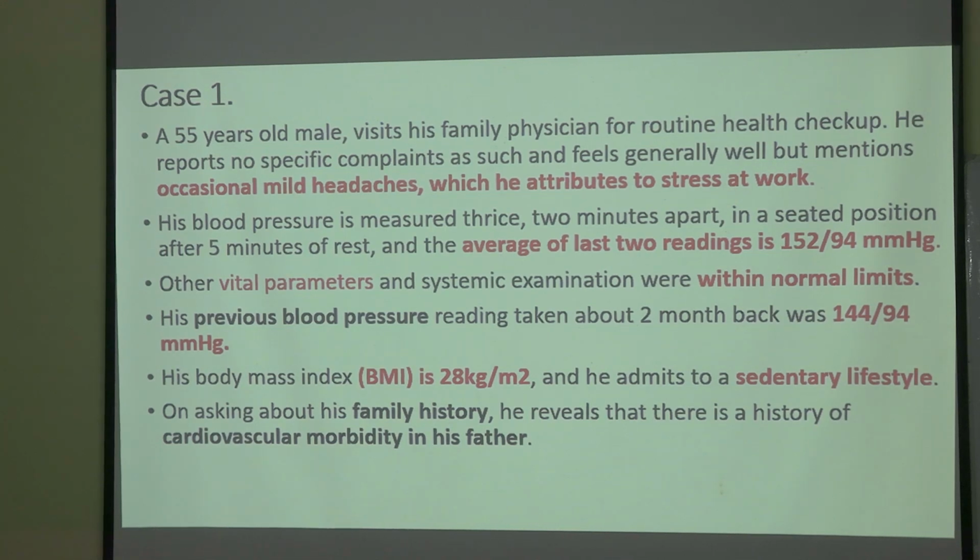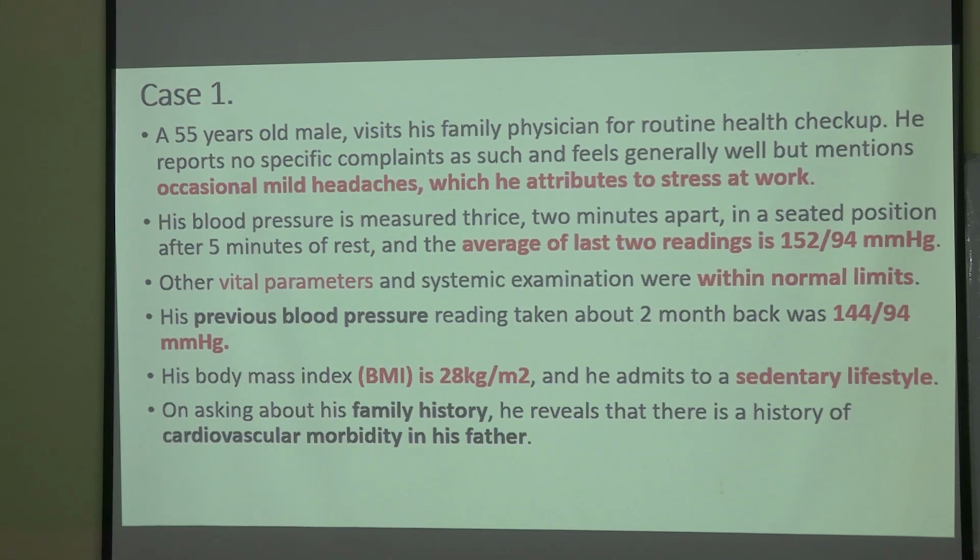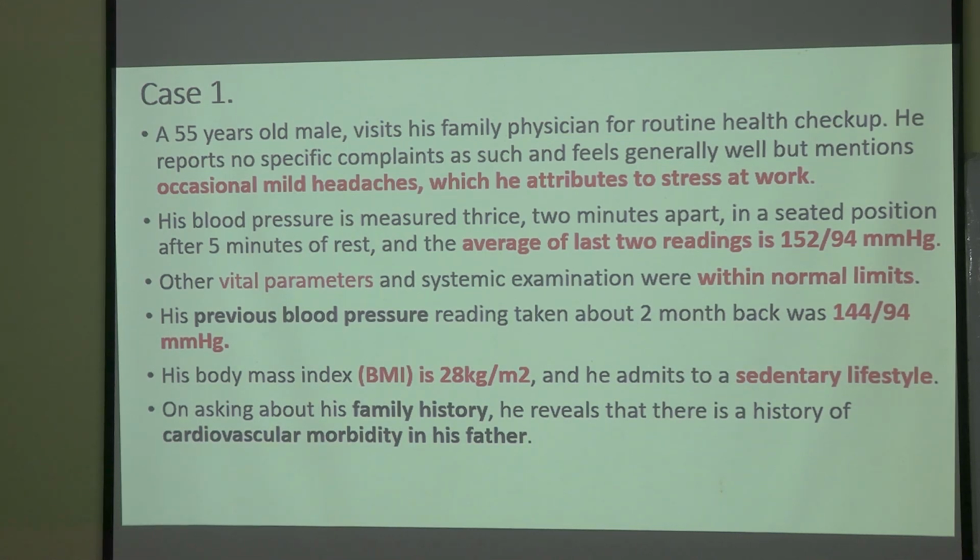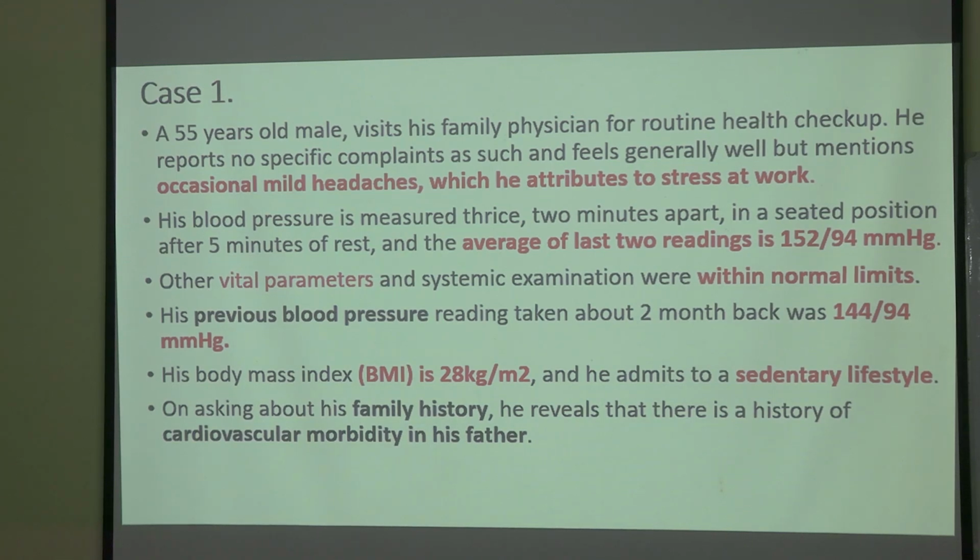So in this particular case, there is a lot of information. Based on this information, we have to diagnose the patient first, and after that explain the possible causes for the development of this disease and the mechanism of its development. Now we will explain one by one.